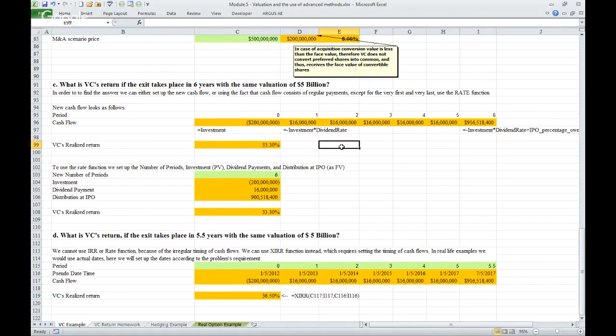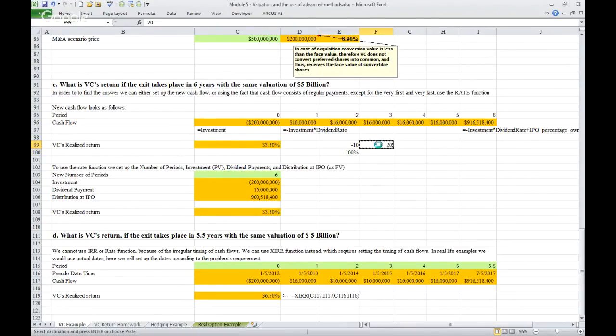If you have a 2 year investment horizon and you say, oh, I invested $10 and I received $20 after 2 years, and you set up the internal rate of return function like that, it will not calculate the annualized return correctly, because your investment horizon is 2 years, not 1 year.